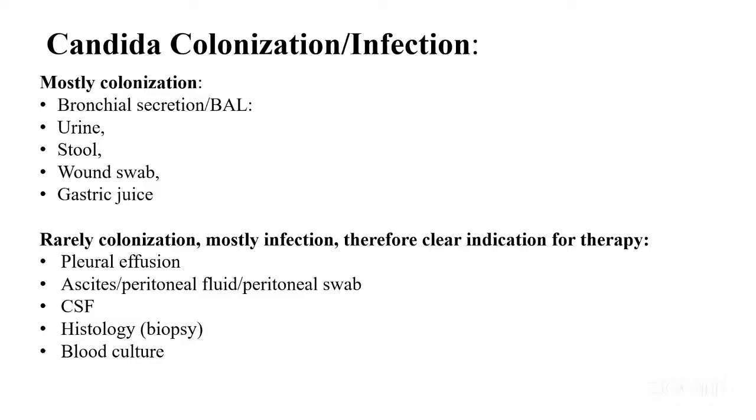So candida is mostly colonization in bronchial secretion, urine, stool, wound swab, and gastric juices. Most infections are found in pleural effusion, ascites, peritoneal fluid, CSF, histology, and blood cultures.